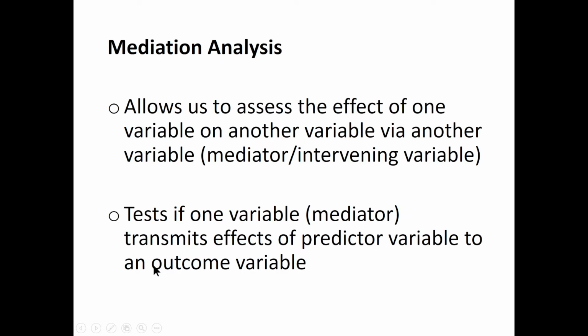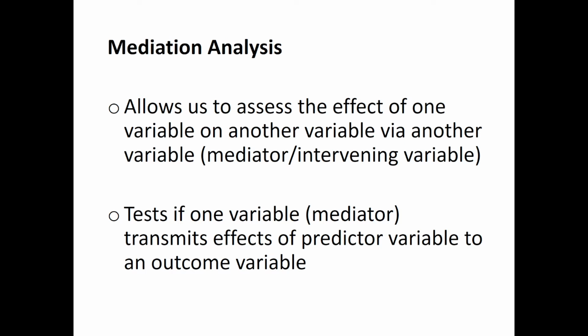We also have what we call mediation analysis, which is part of structural equation modeling, also explained through path analysis. Mediation analysis helps us to assess the effect of one variable on another, but through another variable. We have 3 variables.